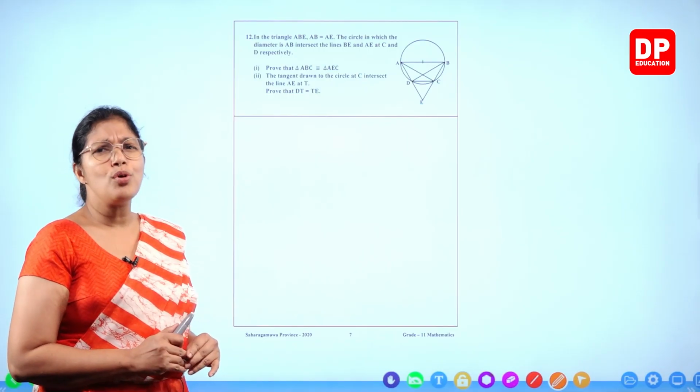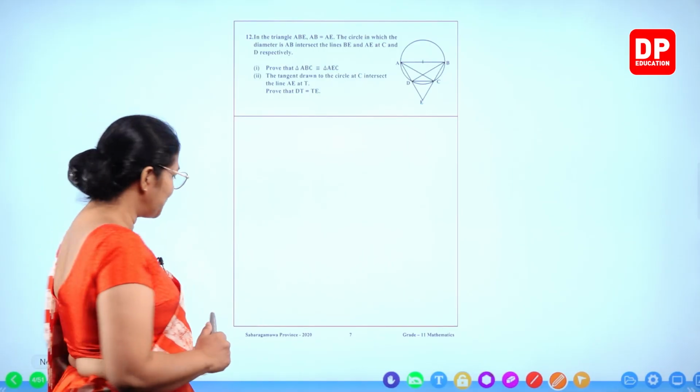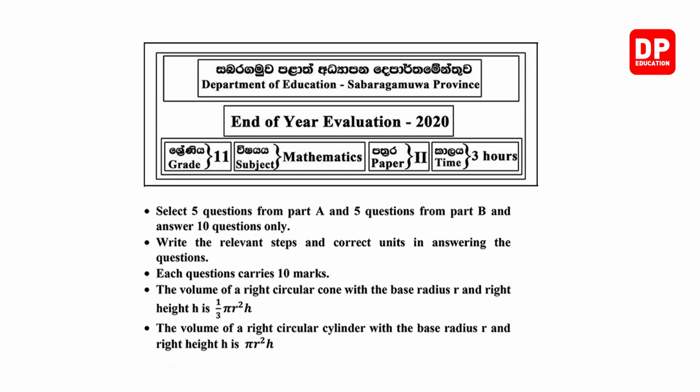So let's do this paper now. What are the instructions given in this paper? Each question carries 10 marks. The volume of a right circular cone with base radius r and right height h is 1/3 pi r squared h. And the volume of a right circular cylinder with base radius r and height h is pi r squared h.